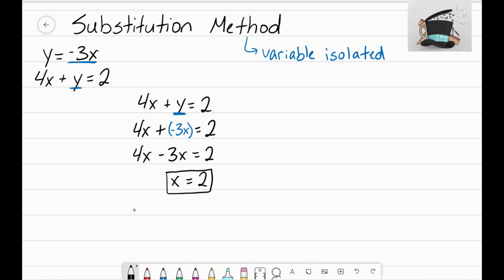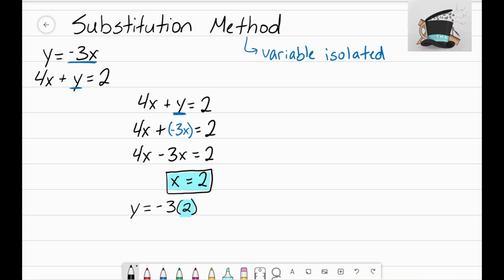I'm going to take that equation, y equals negative 3, but instead of writing x, I now know what x equals. x equals 2. So instead of writing negative 3x, I'm going to write negative 3 times 2, because x equals 2. Let me highlight that so we can see that x equals 2. So I'm changing my x there to be 2.